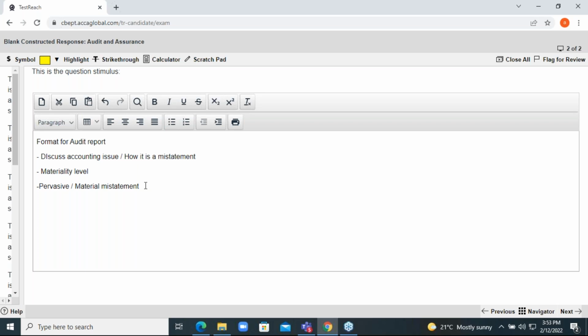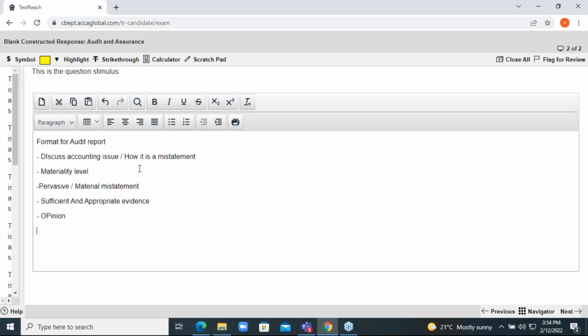Then materiality level, pervasive or material misstatement, whether we gathered sufficient and appropriate evidence, and in the last, opinion. So this is how we are going to proceed with that type of question.